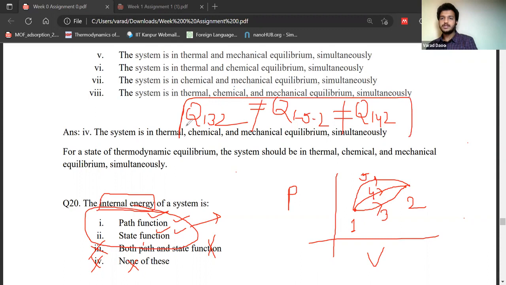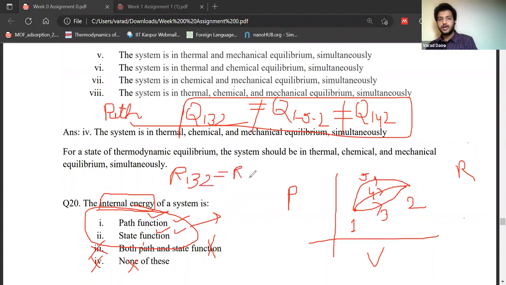Such properties are called path functions. And let's say R is a state function. In that case, R along 1-3-2 should be equal to R along 1-4-2, which should be equal to R along 1-5-2.